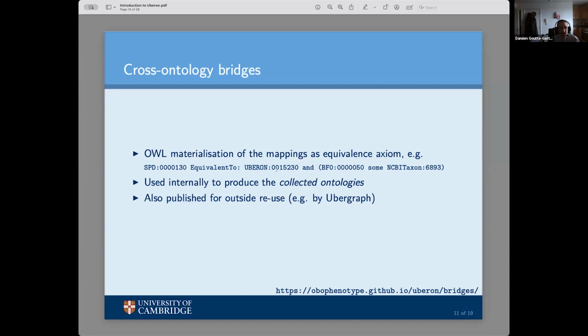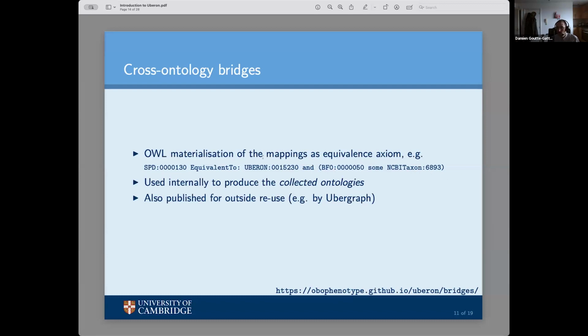So for example, the mapping that I mentioned just earlier between the spider heart and the Uberon dorsal vessel heart is materialized within the bridge between Uberon and the spider anatomy ontology as an axiom that says that SPD 130 is equivalent to Uberon 15,230 that is part of the taxon representing spiders.